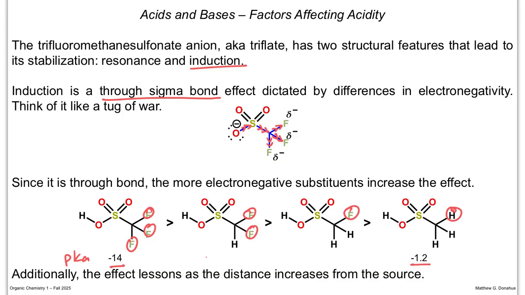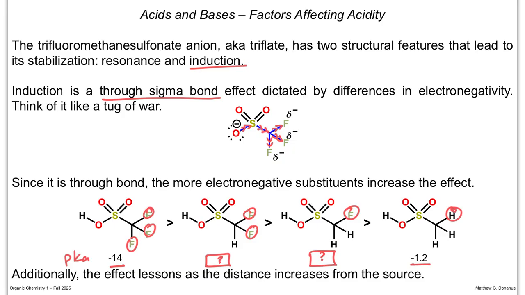And so why are there no values here? Because I'm lazy and I have not looked them up. But you can rest assured they lie between that -14 and -1.2. Just like, remember with the chemical shifts in NMR, when we're talking about how the heteroatom moves that away from 0.